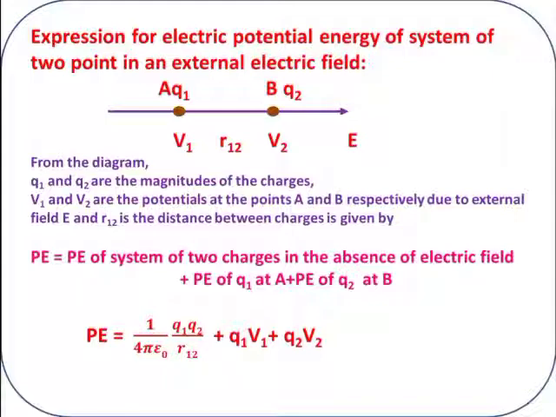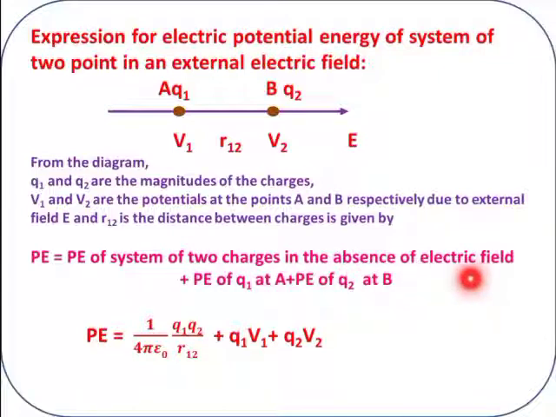So total potential energy is equal to the potential energy of the system of two charges in the absence of electric field, before shifting these two charges, plus the potential energy due to Q1 and the potential energy due to another charge Q2, that is this one.